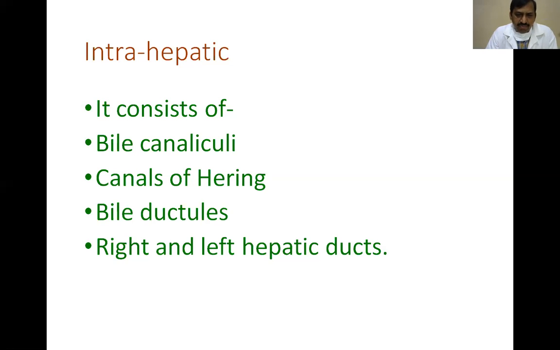These right and left hepatic ducts drain the two physiological lobes, the right and left lobes of the liver. Clear? The intra-hepatic biliary apparatus consists of bile canaliculi, canals of Herring, bile ductules, and right and left hepatic ducts.